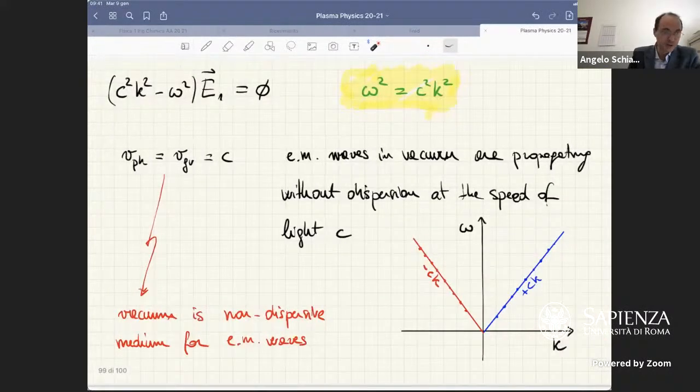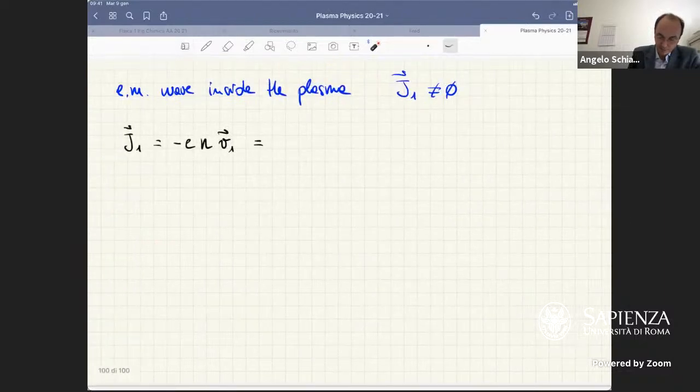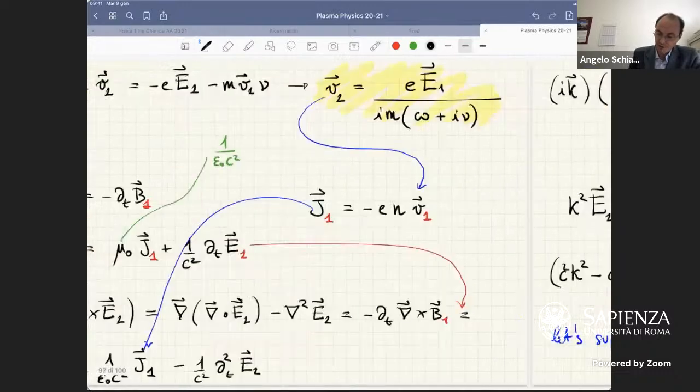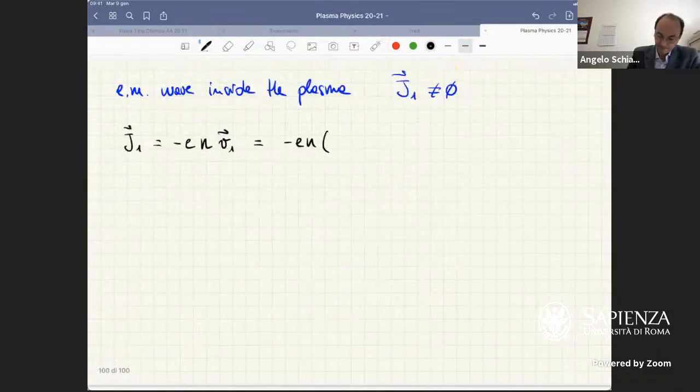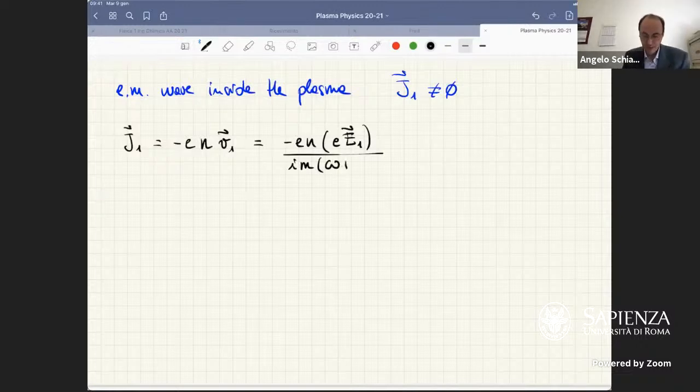So let's put it here, and it becomes minus e n, which multiplies, I remember it was, okay, e times the electric field E1 divided by i m of the electron times omega plus i nu. So we can take this i on the top, and it becomes just i.